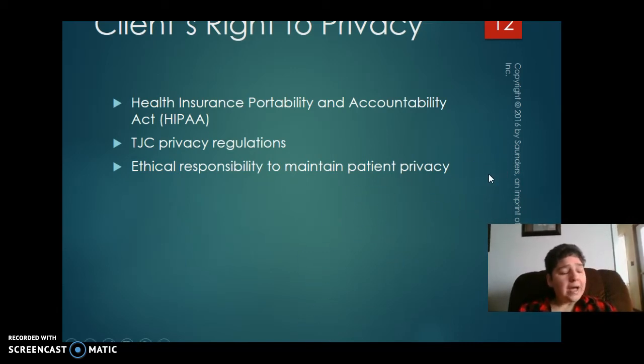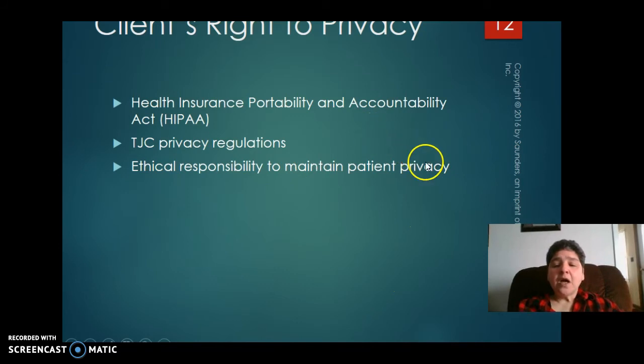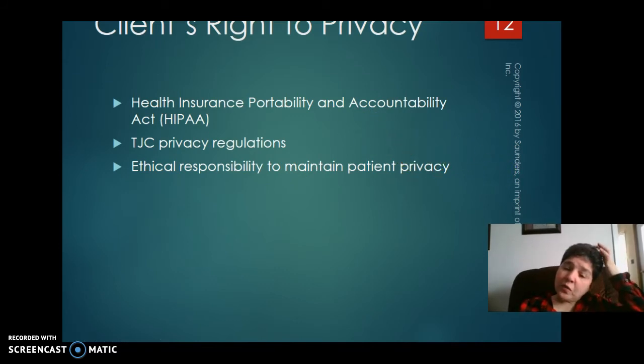So that's where I told you that even pulling the curtains in our classroom was showing how we maintain patient privacy. But it also goes along with knowing that we aren't going to say anything to anybody. It's really important for you to remember that if you work in a very small facility in a small town, you're going to know everybody.